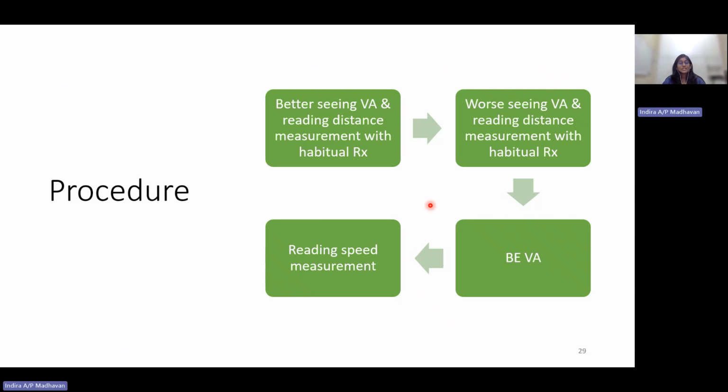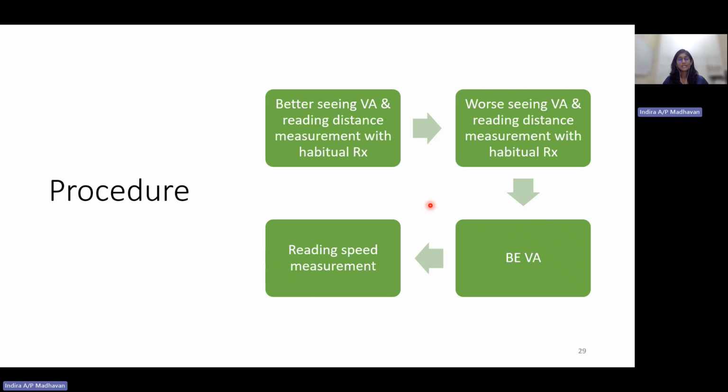Okay, so the procedure here is similar to the distance one. Measure the better seeing eye VA first, and then the reading measurement. When we want to do the reading measurement, first ask the patient to close their eyes, and keep them closed until instructed to open.